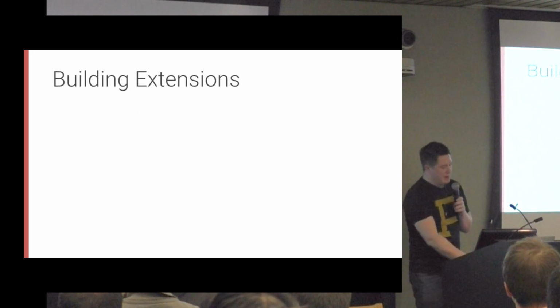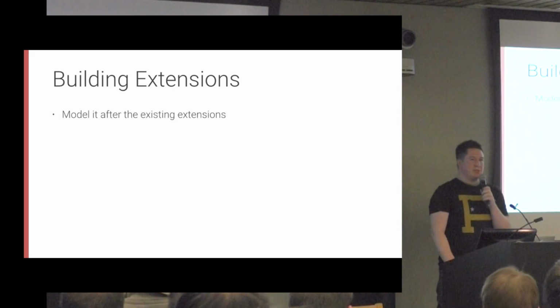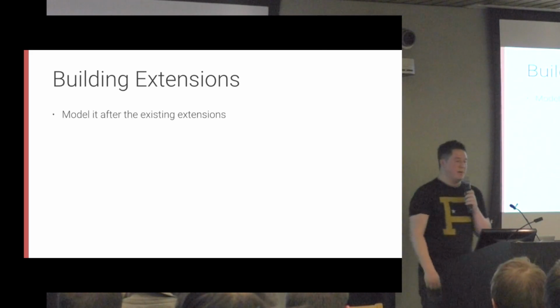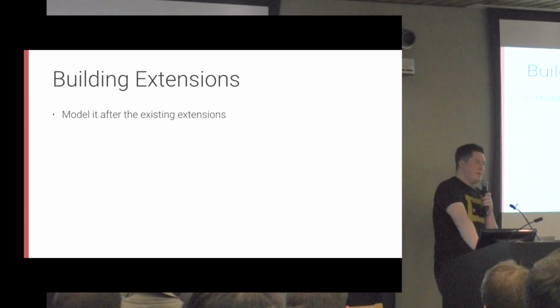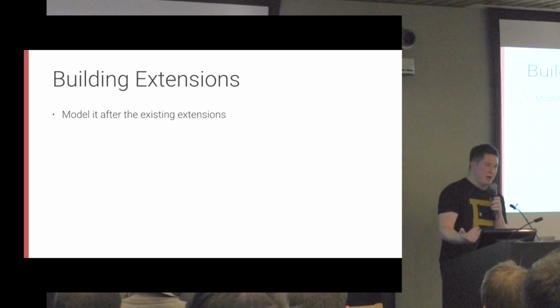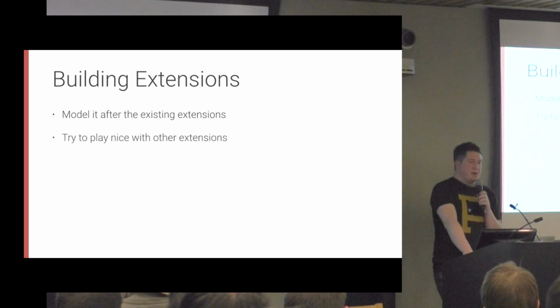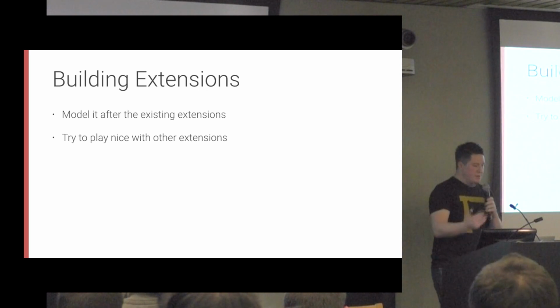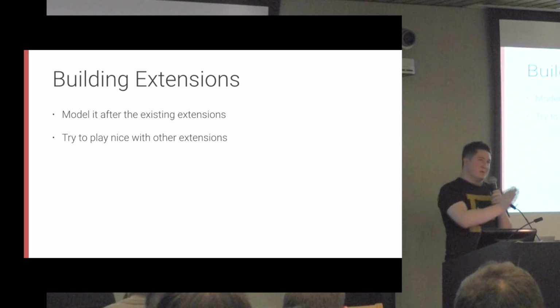I know that's kind of a lot, and I went through that quickly. If you're building an extension or you want to build an extension, look at the existing ones. They're fantastic resources. They've borne the burden of going through the development of this API and figuring it out. And the other thing is try to play nice with others. This really comes down to whether or not you have to be the final generated class.